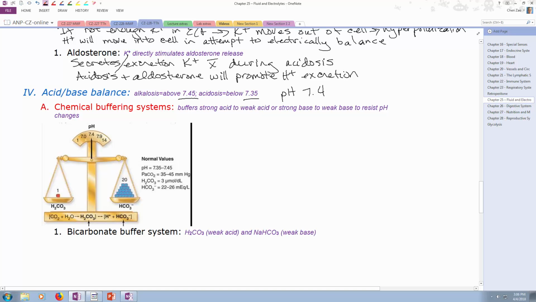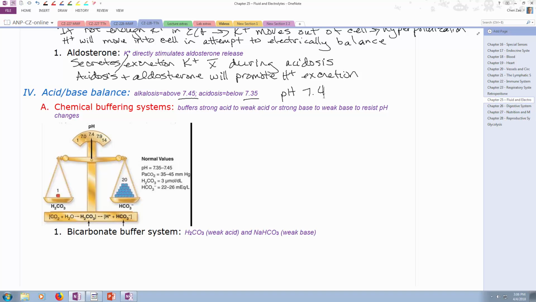We have several different buffering systems. The one that's listed first is the one that we rely on the most, and the others that are listed will help out, but don't help us out as much as the first one on the list. So chemical buffering systems are the one system that we have that is designed to help minimize pH changes for us.